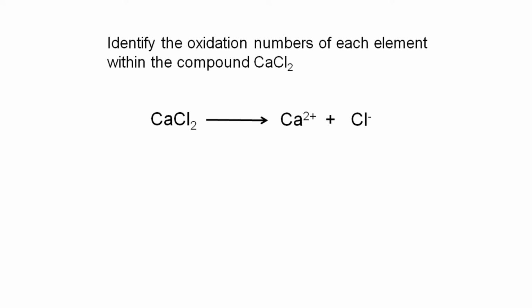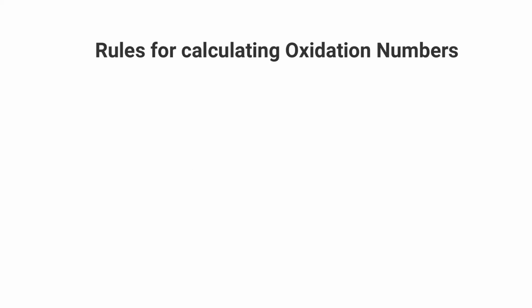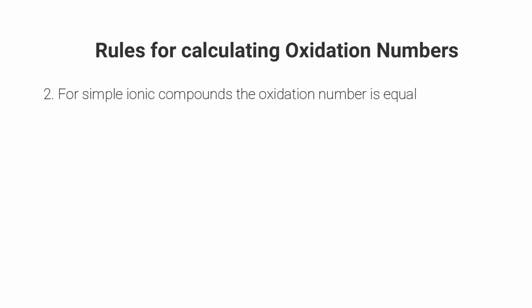Because this is an ionic compound, the molecules are split into calcium 2+ and chlorine minus, and so the oxidation number of calcium will match the charge on the calcium ion, and the oxidation number of chlorine will also equal the charge on the chlorine ion. For simple ionic compounds, the oxidation number is equal to the charge of the ions.